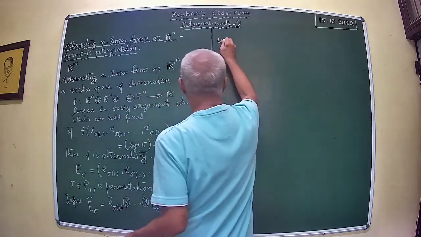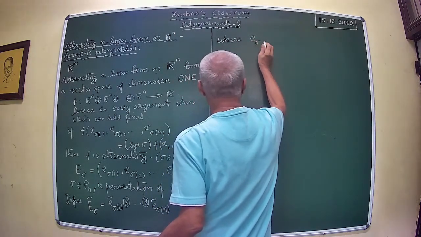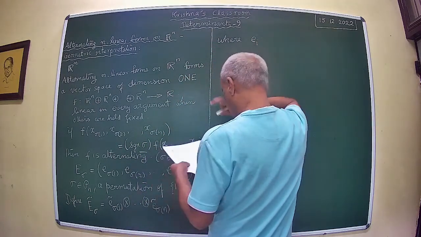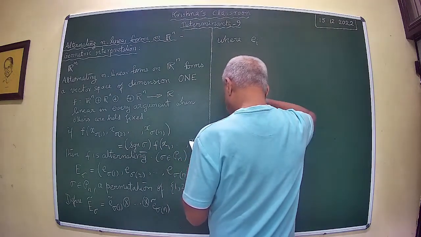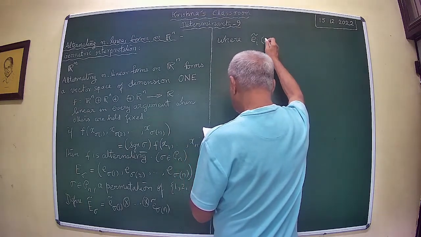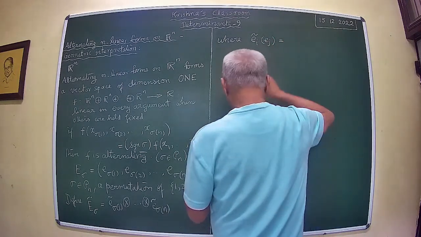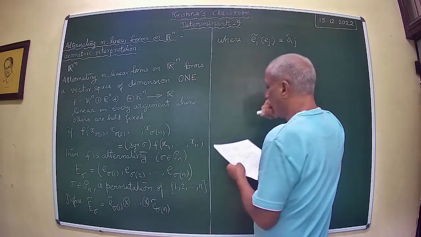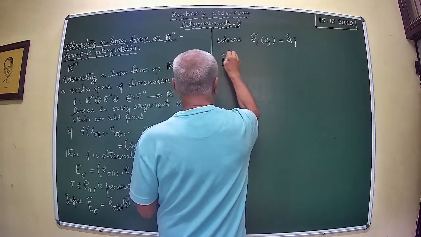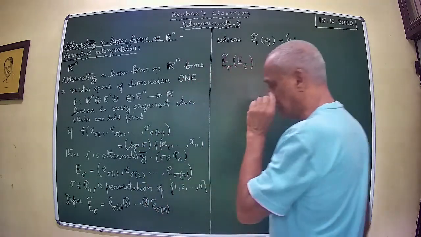Where E i tilde acting over E j equal to delta ij, and we write E sigma tilde acting over E tau, where sigma and tau are two permutations.